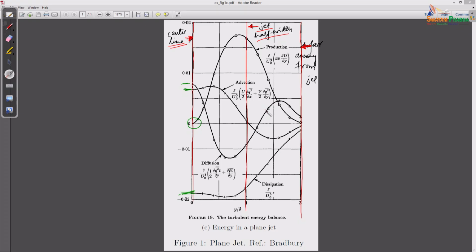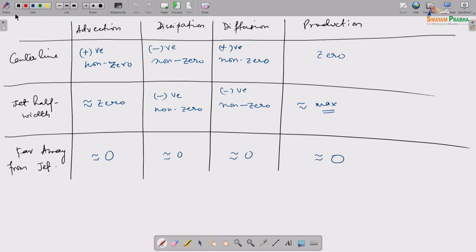So the farther away from the jet you go, the production is decreasing, because the turbulent quantities basically go to zero as we move away from the jet. So that's something that we've spoken about. Now dissipation and diffusion.